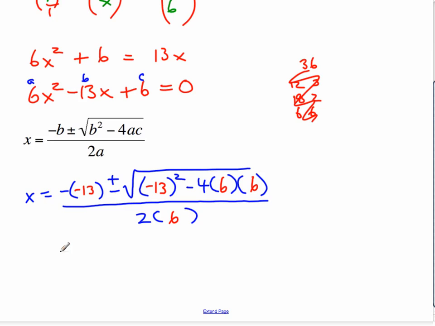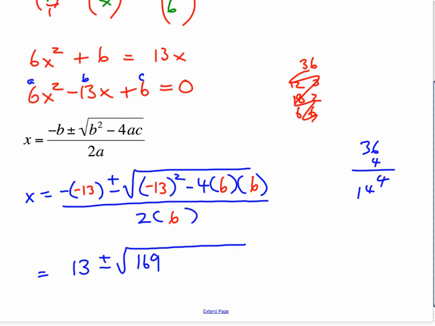Okay, so I'll take a negative 13, that'd be positive 13, plus or minus the square root of. Minus 13 squared is 169. Notice it's positive. Careful there. 6 times 6 is 36, and 36 times 4 is 144.